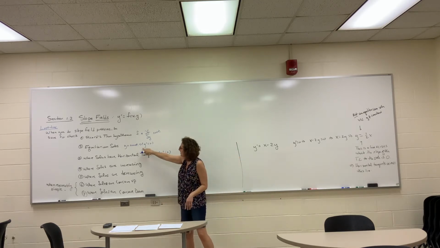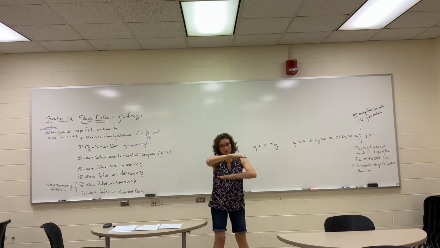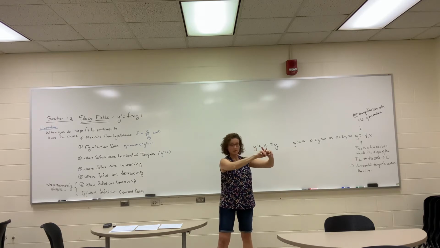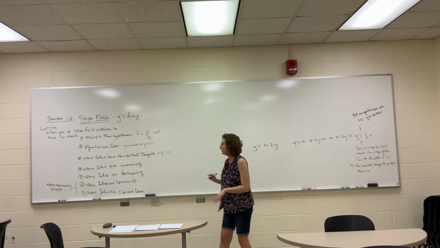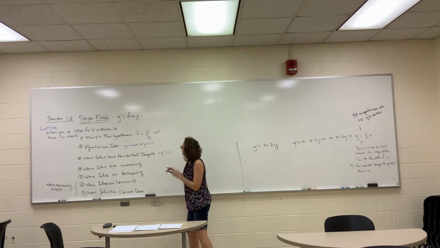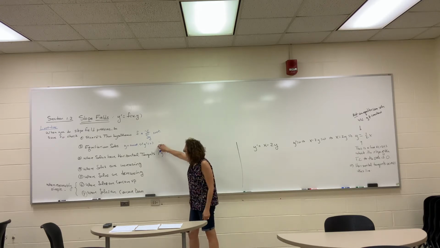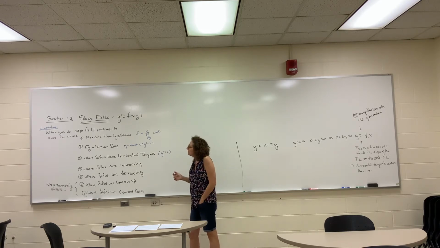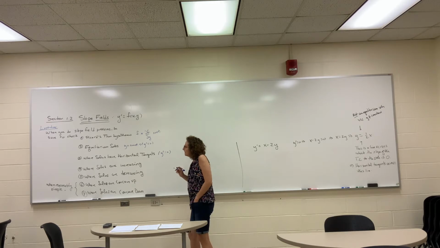You couldn't cross a solution because that would be a place where you'd have two solutions satisfying the same initial condition at the crossing point. So that's not possible. These are super nice in helping us understand where solutions can go in these slope field type problems.